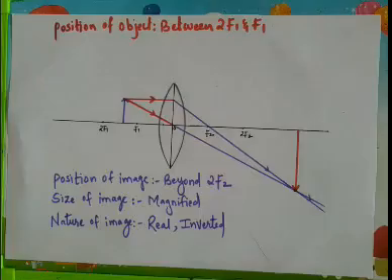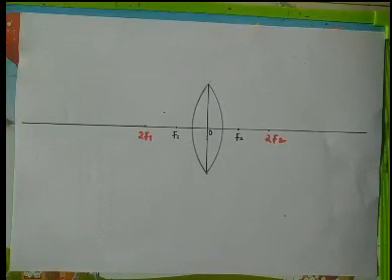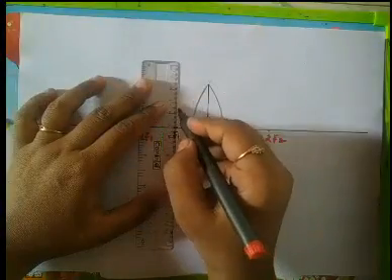When an object is kept at f1, we'll see how the image will form when an object is kept at focus. That is, if the object is kept at f1. So what I am going to do here, I am going to draw an object at focus 1.